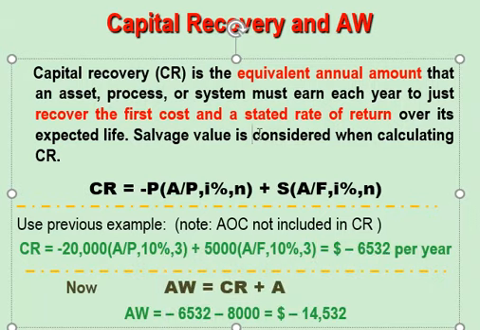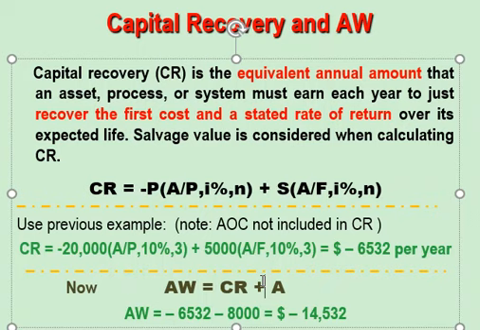So in a nutshell, I'm thinking about buying a machine. They are telling me this machine is going to cost $20,000. To me, I don't understand this. Please give me the payments in the year domain, because I'm not going to pay $20,000 right away.